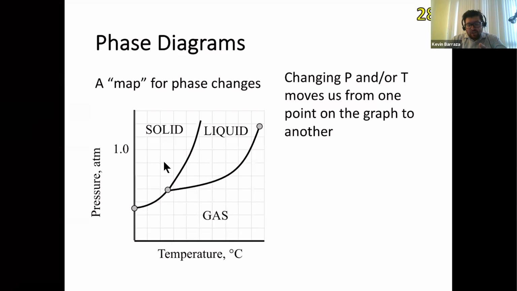So notice that this actually corresponds to the exact conclusions that we made in the previous slides about solid favors this, gas favors that. If I take a look at this region, what are my coordinates? Well, when I'm here on the left-hand side of the x-axis, the temperature axis, it means I'm cold temperature, versus hot temperature. So solids are found up at the top.